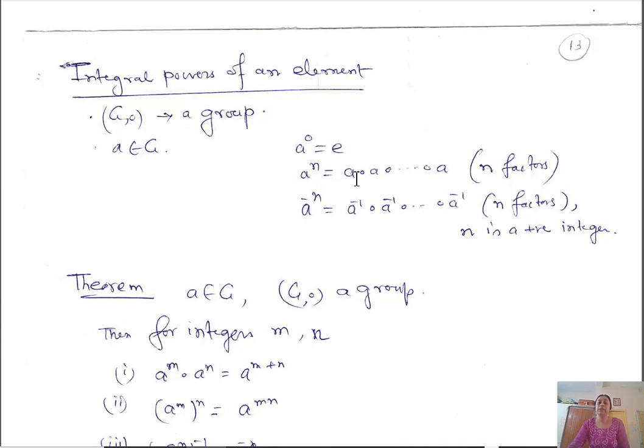That means it gives you na instead of a to the power n. The notation is a little bit different. In our standard notation, it is n times a, scalar multiplication. If it is a product, then it is normal exponentiation.